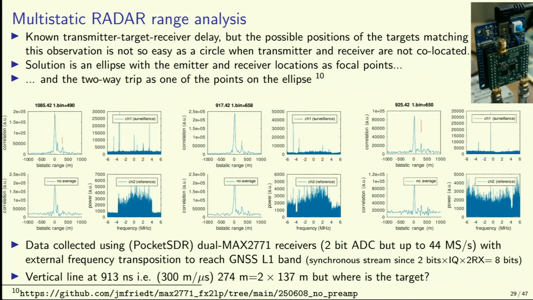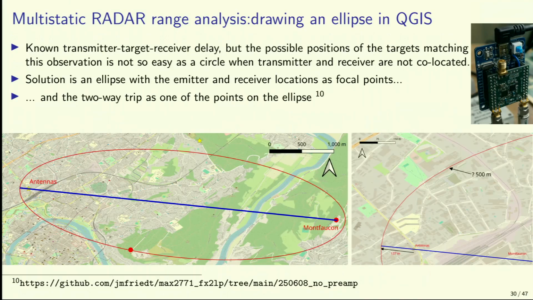Now, I told you here I have an emitter at one location, the receiver on my balcony, and how do I know where the target is located? In a bistatic radar, the emitter is located over here, my balcony is located over here, and you can draw an ellipse. You can demonstrate that the locus of all the reflectors is an ellipse, and this ellipse holds all the different time delays between the direct signal and the signal bouncing on any target over here.